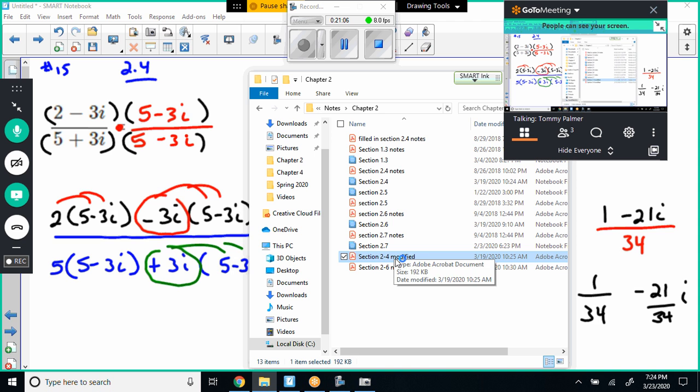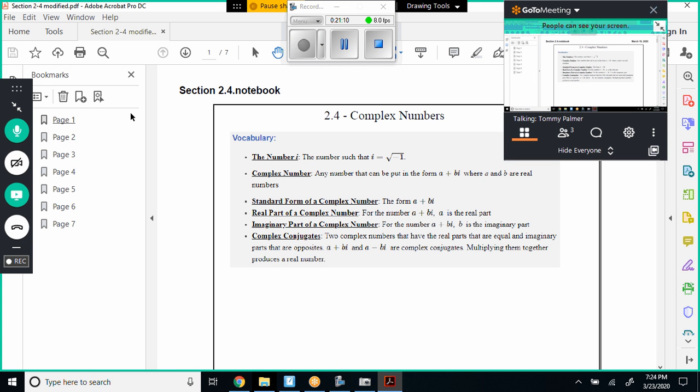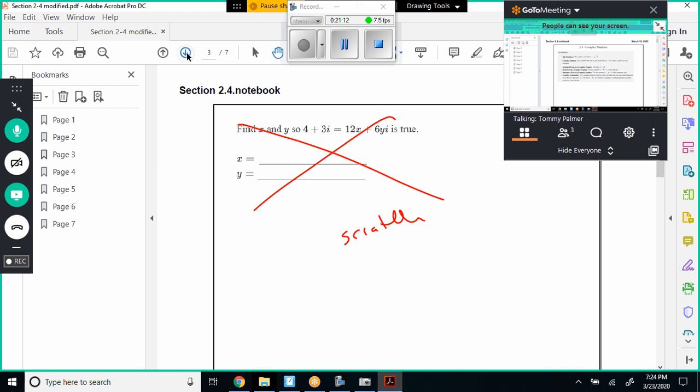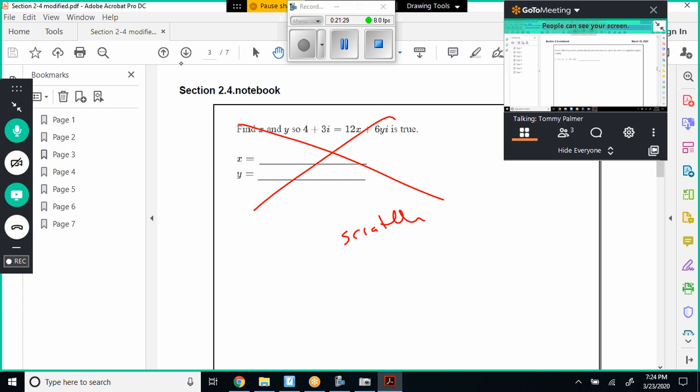And here's what I mean by modified. I went through, and problems like this right here that we're not going to cover, they say scratch, right? So they are essentially everything that you have, except for some things that have been marked out.